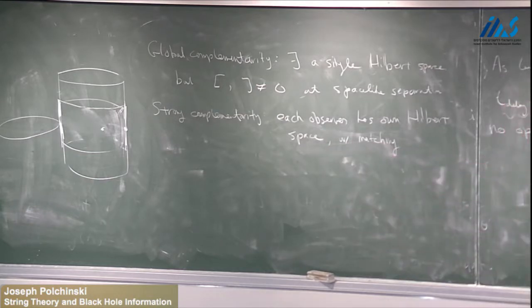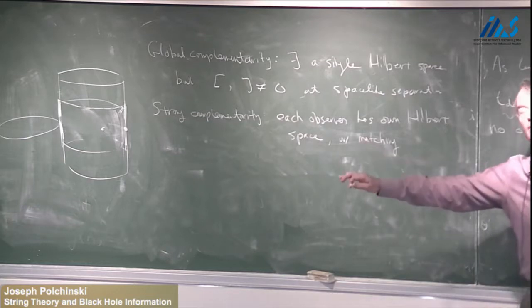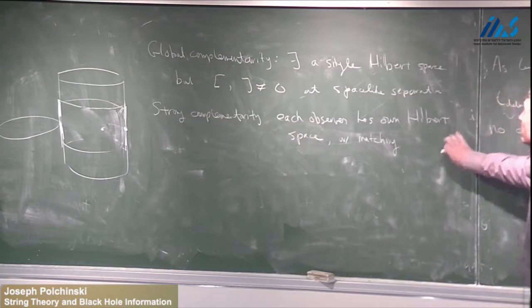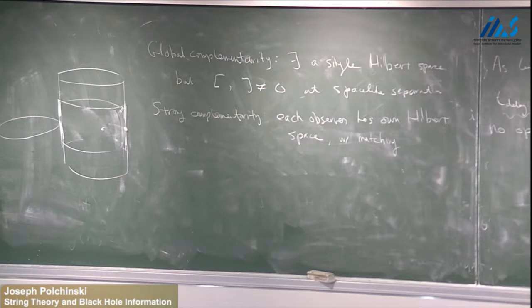The question is, is there a single Hilbert space that describes the entire universe, multiverse, whatever, or does each observer have their own Hilbert space, which are not contained within any global construction, but where there are some matching conditions when they can see the same thing?